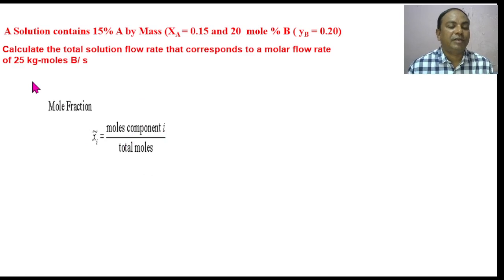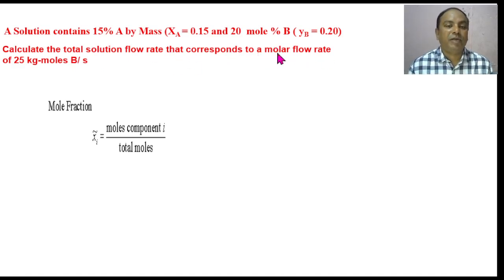In this problem, the mole fraction we know is 0.20. The total moles we want to find out. Calculate the total solution flow rate corresponding to a molar flow rate.